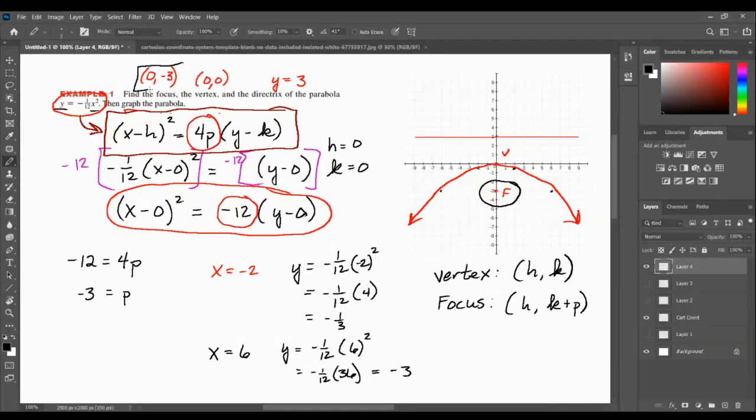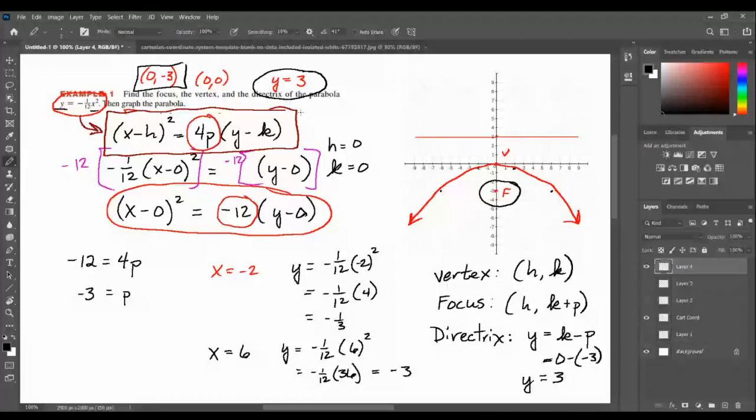We wrote that down here. They also told us that the directrix is y equals k minus p. And so that would be 0 minus a -3, or y equals 3, which we also got from our graph.